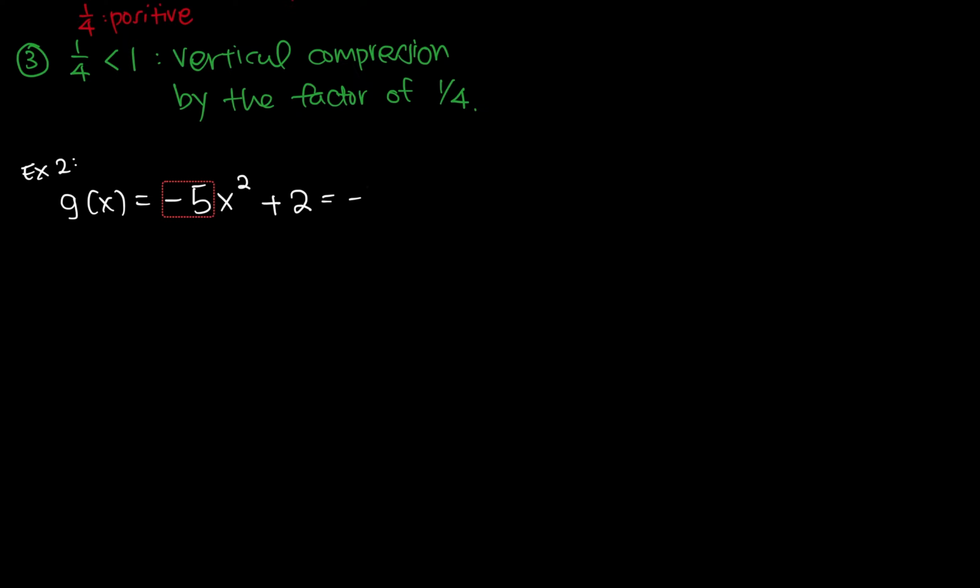So I could do negative 5(x plus or minus 0) squared plus 2. Obviously, your vertex changes to (0, 2). Number 1 is translated. I'm just going to have that word out of the way. Translated 0 units to the left or right, but then we go up 2 units.